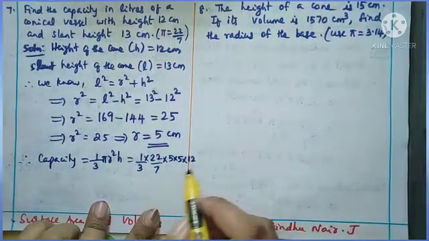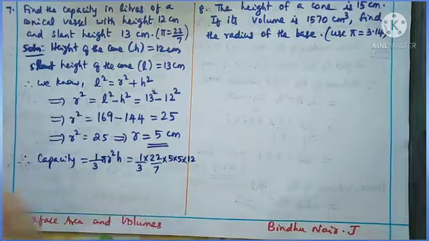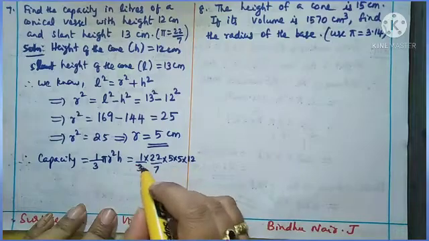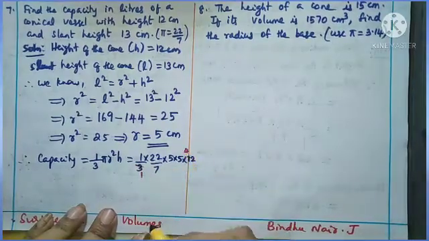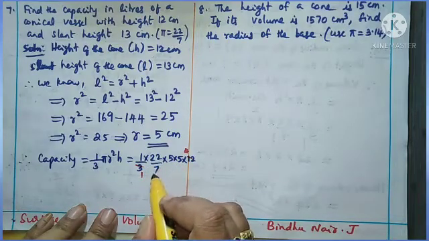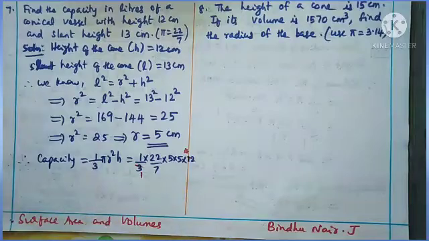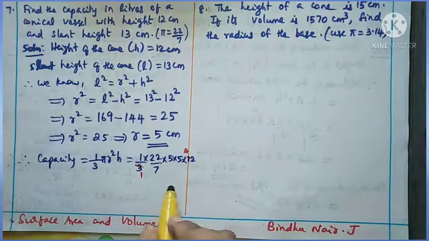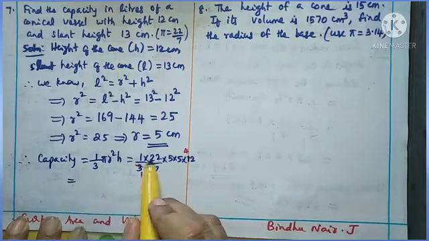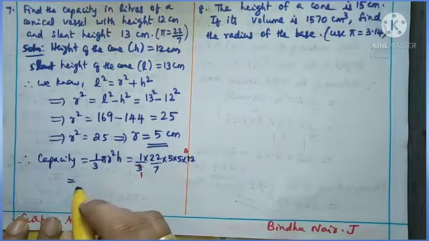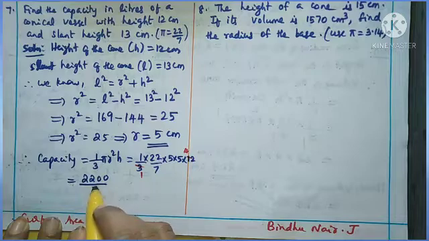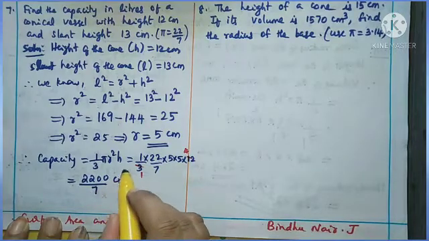Okay, so we have the values now. Here we can cancel this 3 and 12: 1 3 is 3, 4 3s are 12. Now no other number we can cancel, 7 is here, we cannot cancel this. So multiply all the remaining quantities. When you multiply the numerator you will get 2200, denominator 7, and this is centimeter cube.